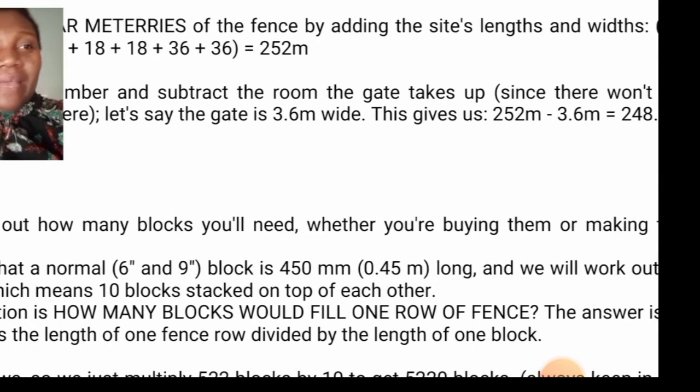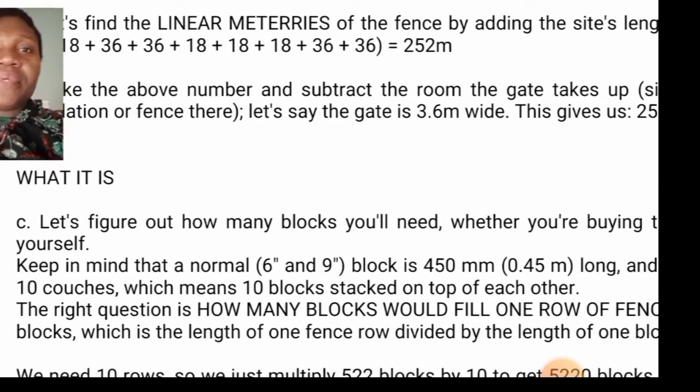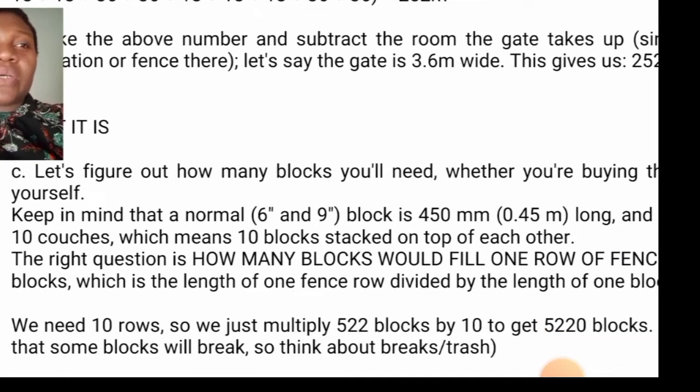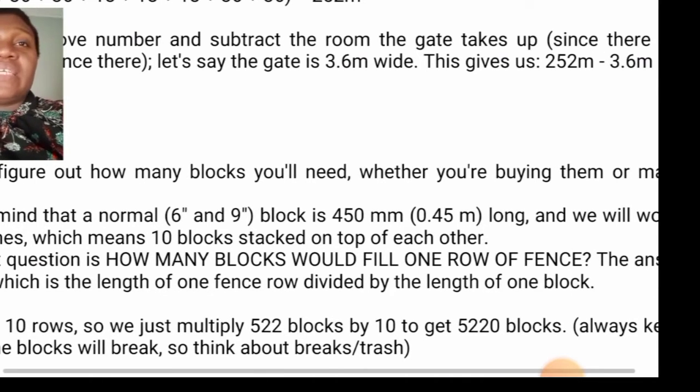So now let's figure out how many blocks you will need, whether you are buying them or you are making them. Block na block. Keep in mind that a normal 6 inch and 9 inch block is 450 mm, which is 0.45 meter, and that is for the length.